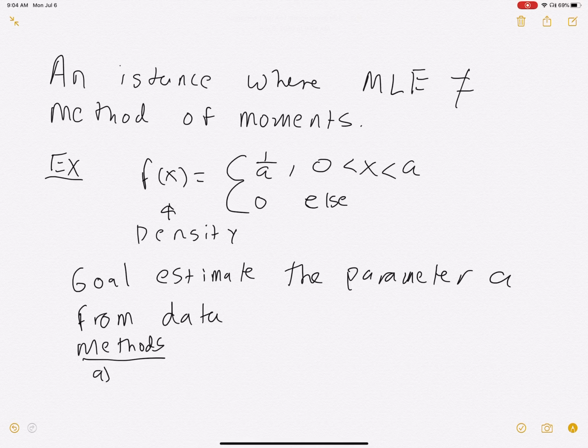So the first method is going to be the method of moments. And the second method is going to be the maximum likelihood estimator. So let's do this example here.